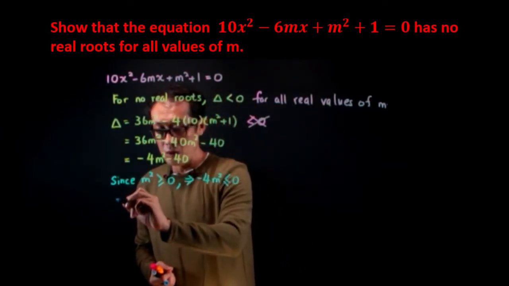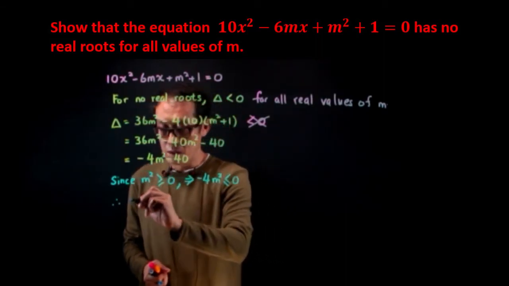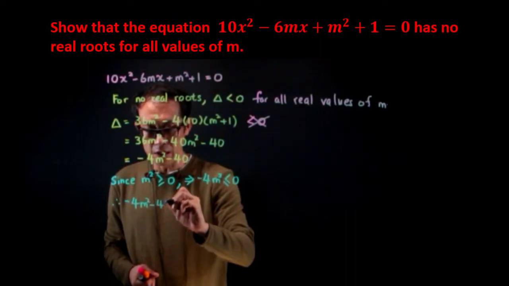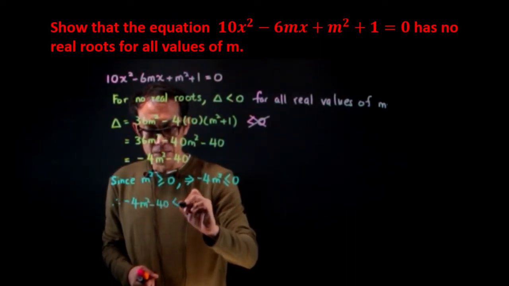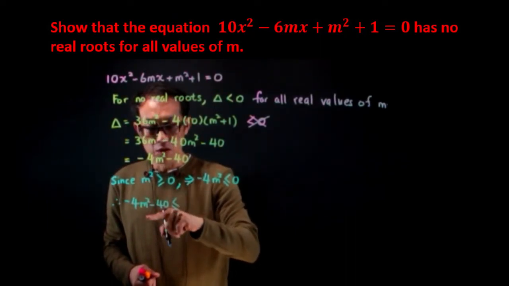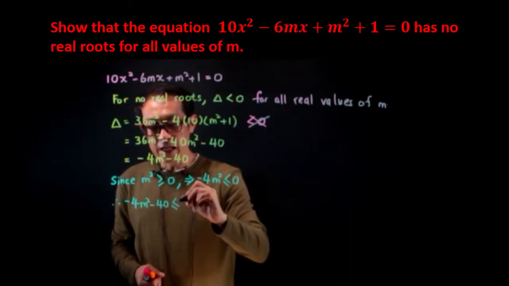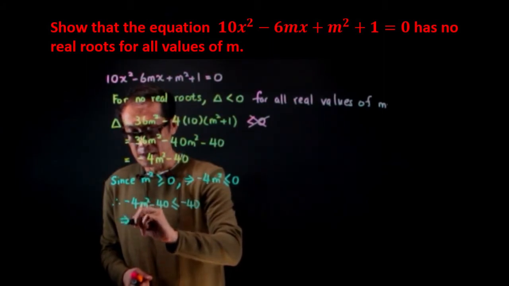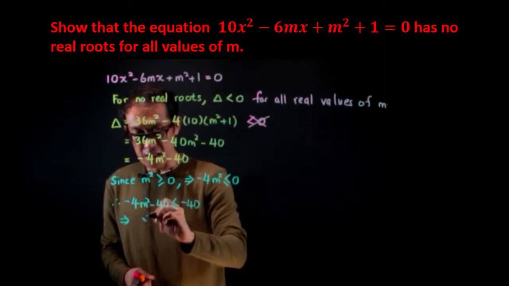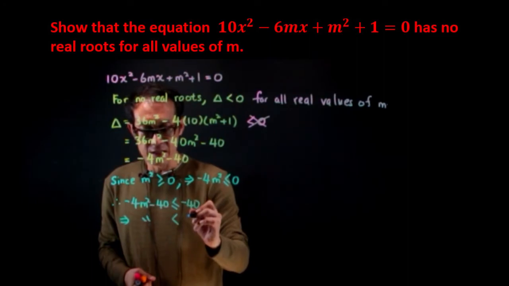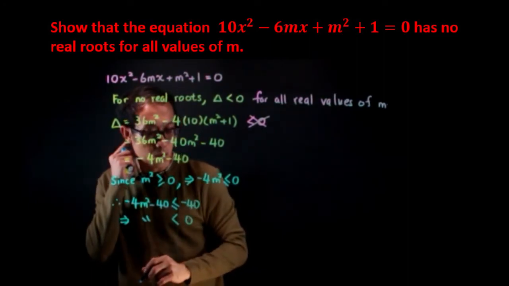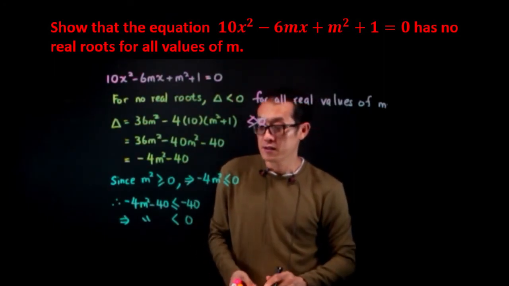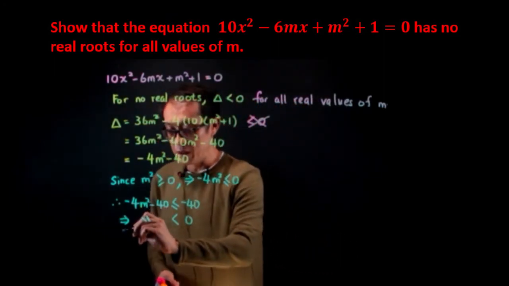So therefore, minus 4m squared minus 40 will be smaller than or equal to minus 40, which implies that this is less than 0, because 0 is greater than minus 40. So we have proven.